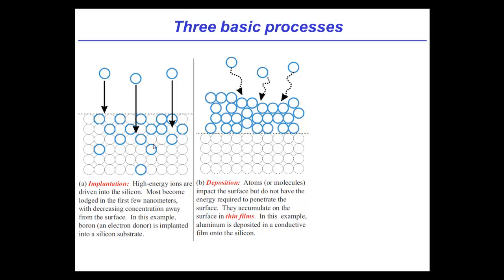Another one that's also pretty easy to understand is simply deposition. So there are multiple ways of getting atoms and molecules to land on the surface of the wafer in an organized or semi-organized way, such that over time they build up a layer.